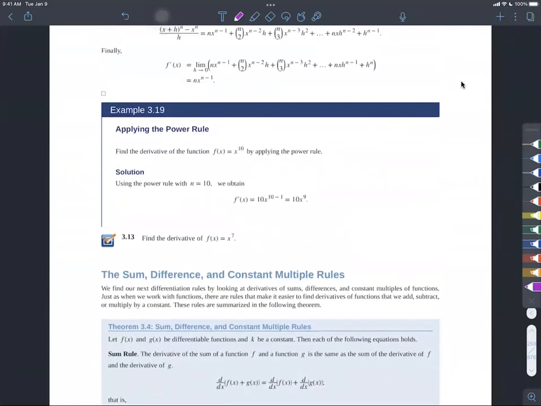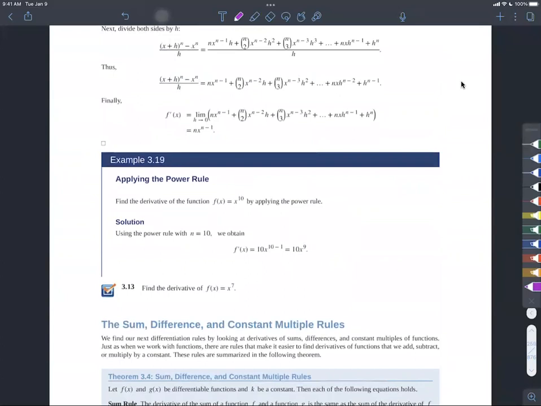All right, so applying the power rule. Oh my gosh, look at this. f of x equals x to the 10th. This would be very difficult to do with the limit definition of the derivative. But with the power rule, the derivative f prime of x is going to be, we bring the exponent to the front, and then we just subtract 1 from the exponent.